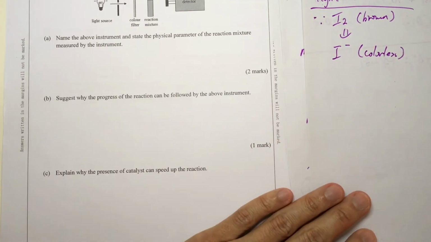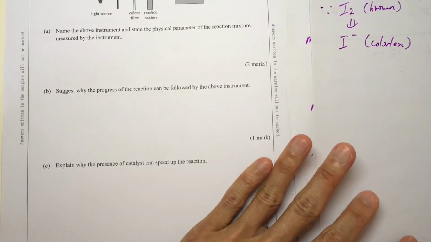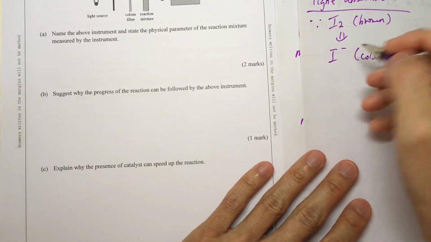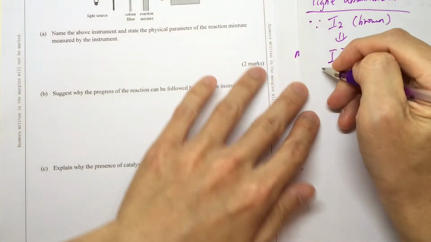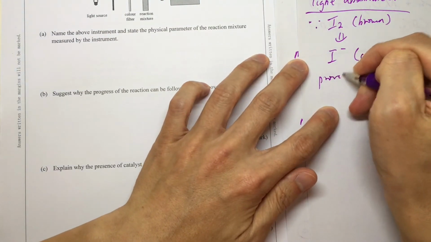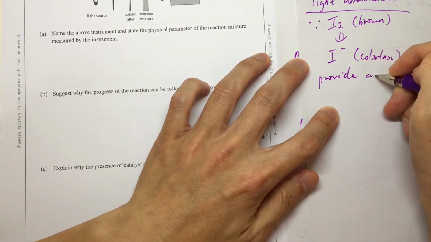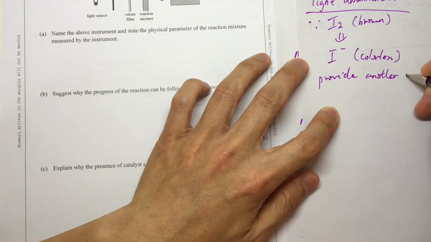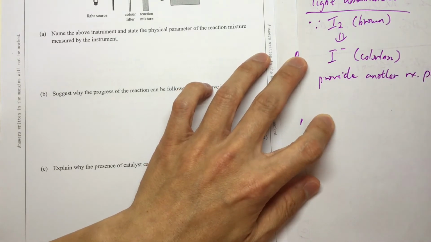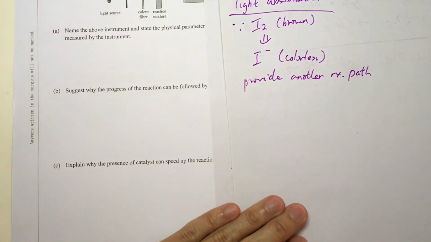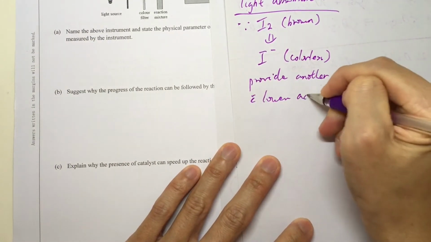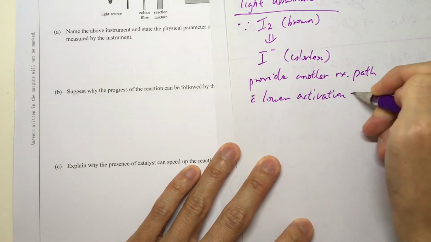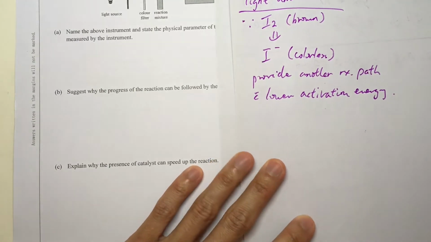Part C. Why can the presence of a catalyst speed up the reaction? Well, you are given 2 marks for that. First, because a catalyst can provide another reaction path with lower activation energy. This is the first mark.